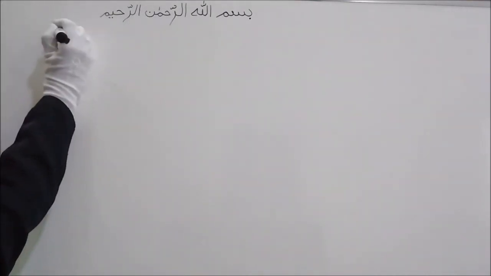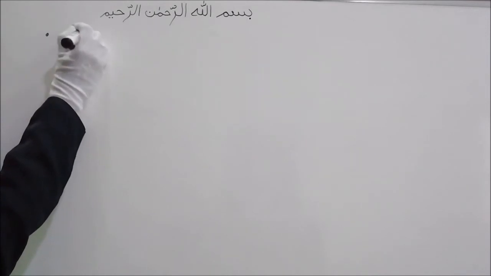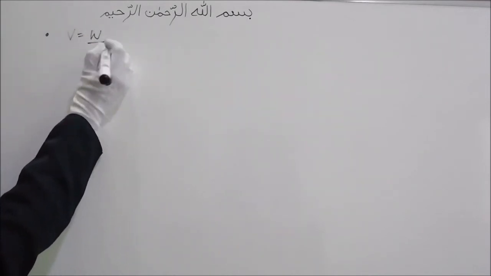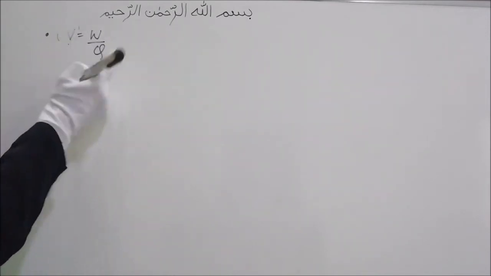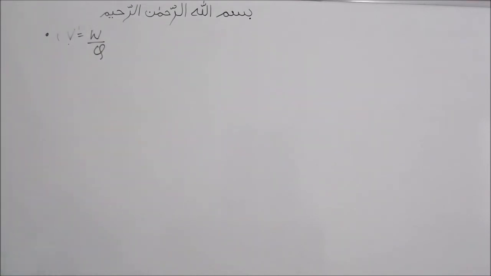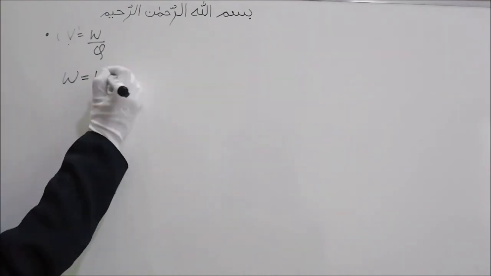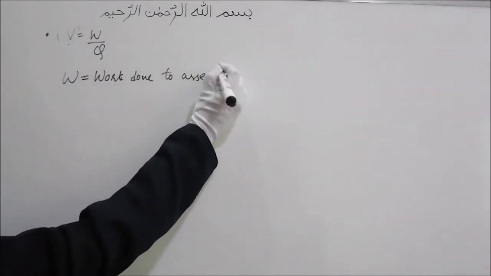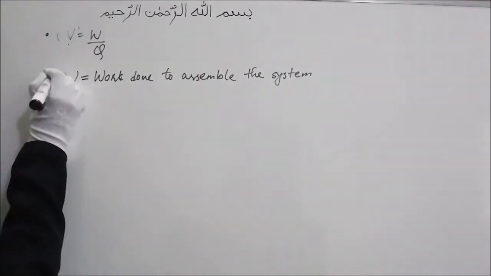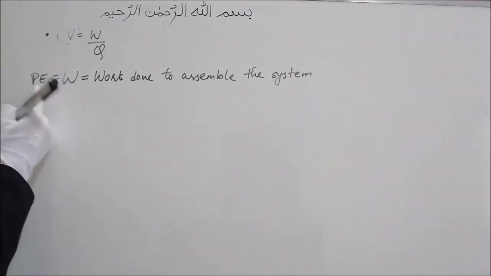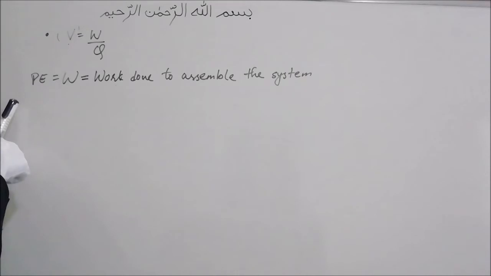Now in terms of work done, the potential is also written as W by Q, where V is the work done per unit charge to bring a charge from one point to another. And this work is the work done to assemble the system. This is also equal to the potential energy, which means nothing but the amount of energy which is stored in the configuration.